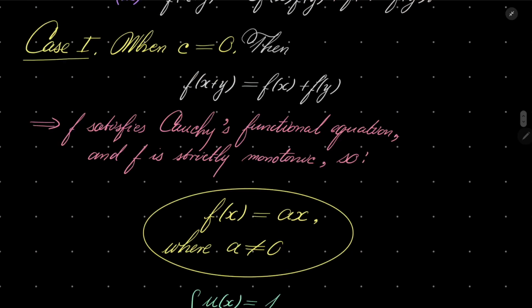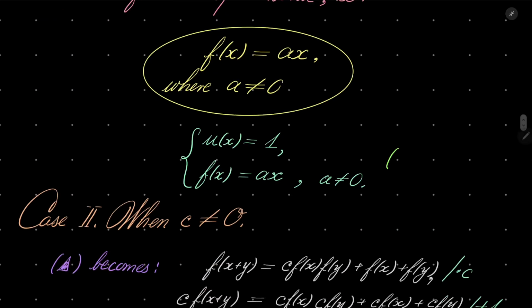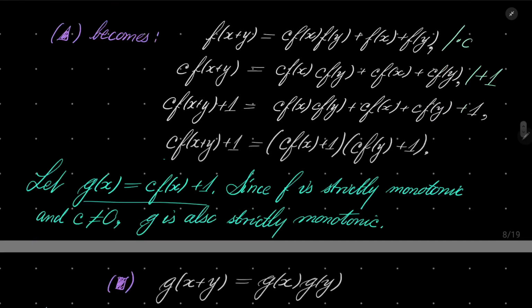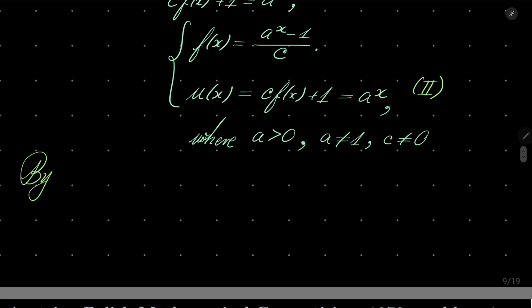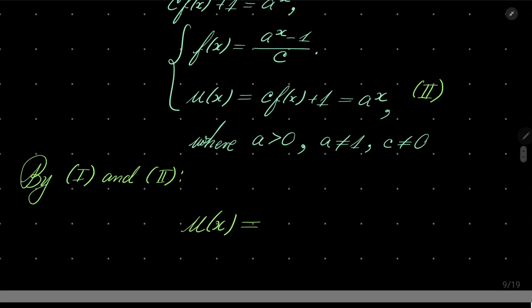So to finish our problem, let's call this condition Roman 1, and let's call this condition Roman 2. By Roman 1 and Roman 2, u of x can be any function a to the power of x, where a is any positive number.